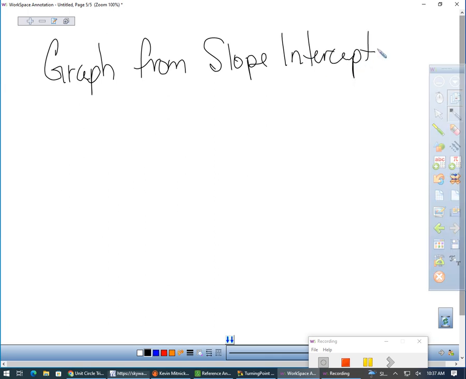You're going to pull out of the equation the slope and the y-intercept, the 0, b. We need those two things in order to graph it, which means I can write an equation from a graph if I have those two things, correct?